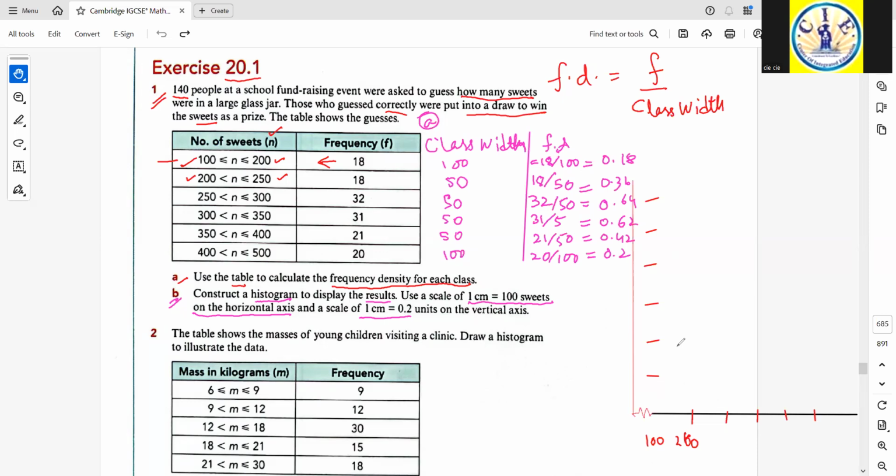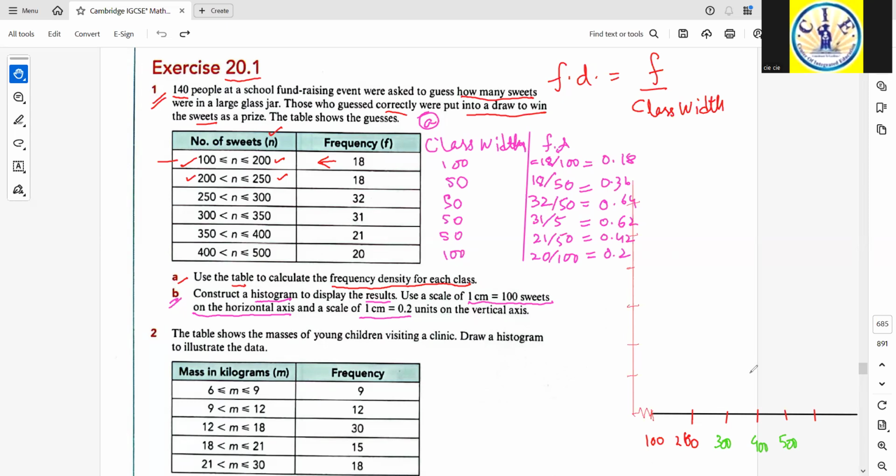That means it is a continuation. It is not starting from zero, rather it is starting from a later point. So this is 100 starting like that, and the rest is the same. So let me erase these values. Then the labeling is 200, then 300, 400, and then 500.